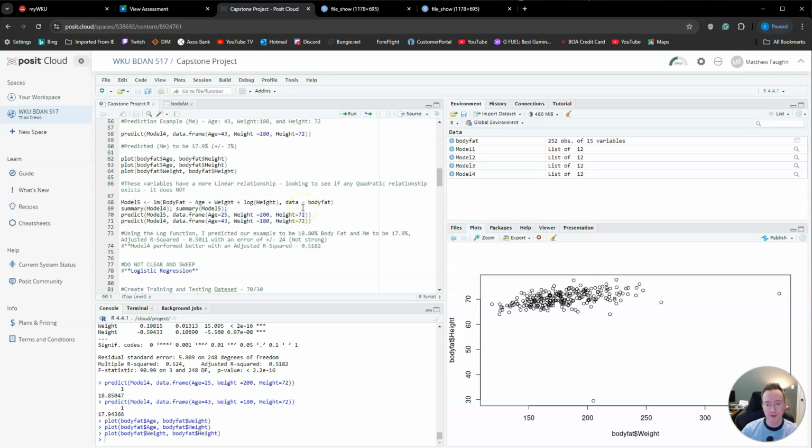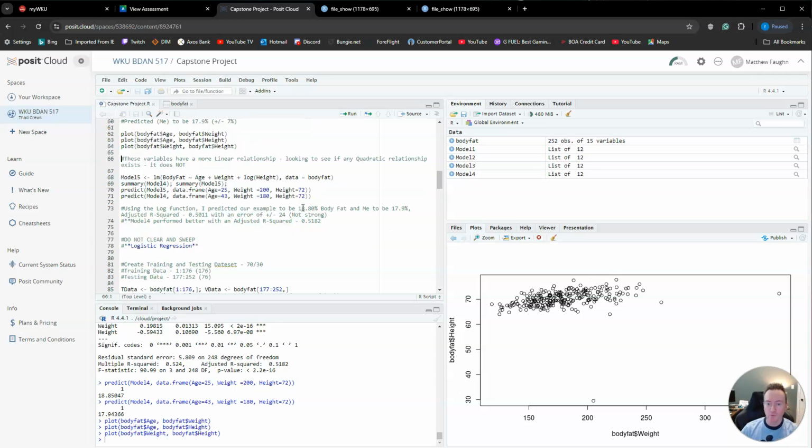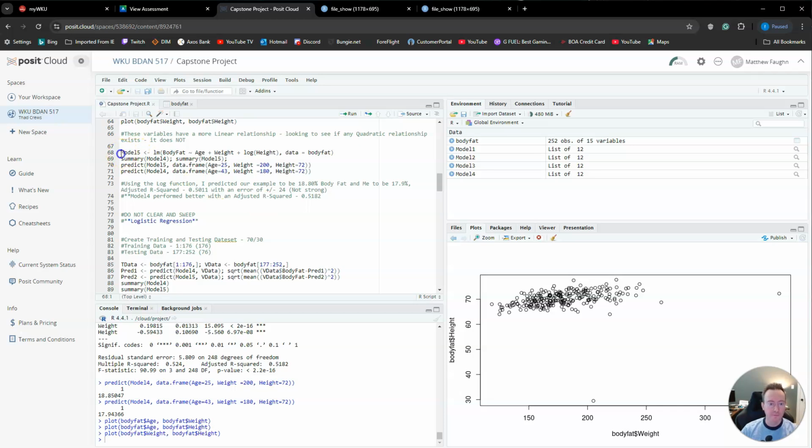I wanted to see if quadratic played a factor on the relationship. Overall, it does not, but I wanted to put that through, and this will be our model 5. I'm going to be using the same three variables, age, weight, and height, but I'm going to be taking the log of height to see what the effect is.